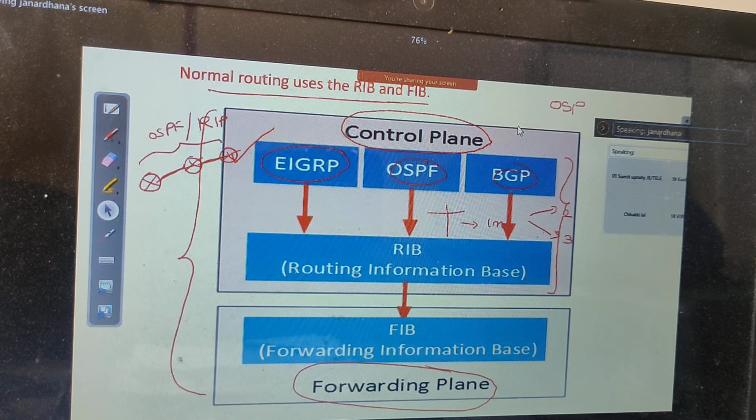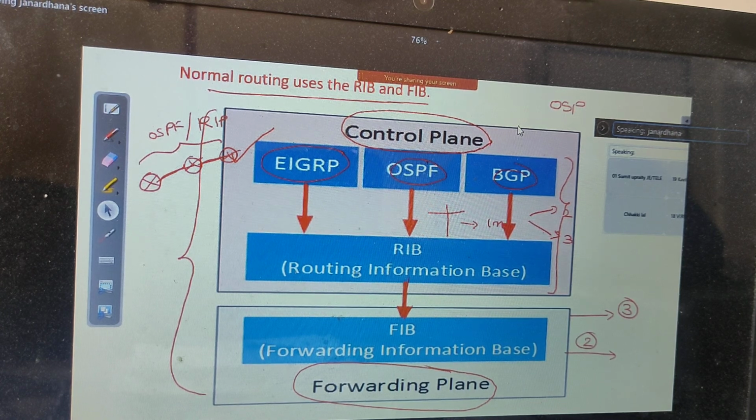Once it has taken the decision, it will send it to the forwarding information base. What will the forwarding information base do? Simply forward whatever was told by the RIB: send these packets to interface 2, or send the packets towards interface number 3. It will only forward.